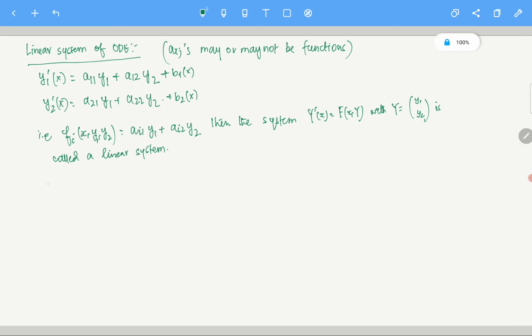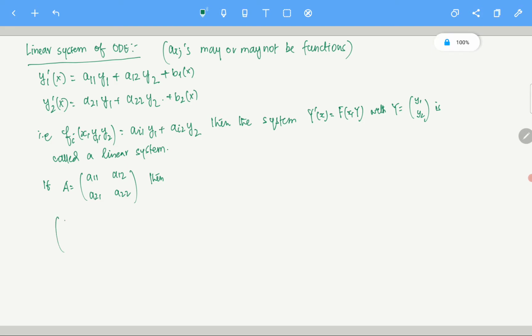See, if you define capital A as a matrix which is a11, a12, a21 and a22, then y prime of x is essentially, how does it look?